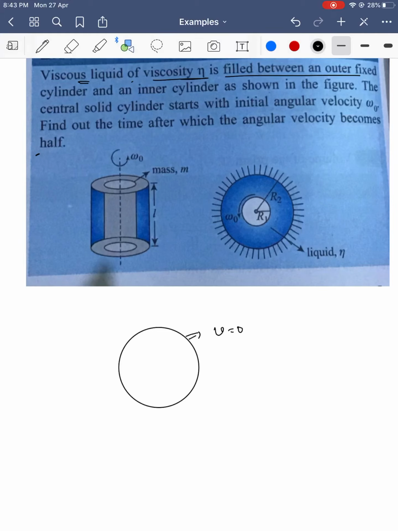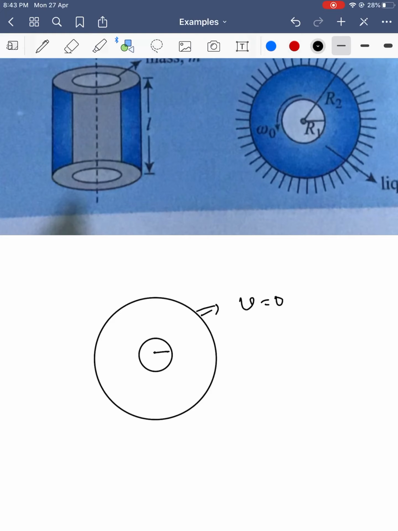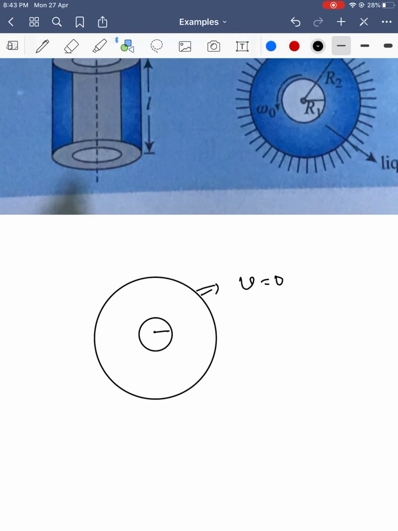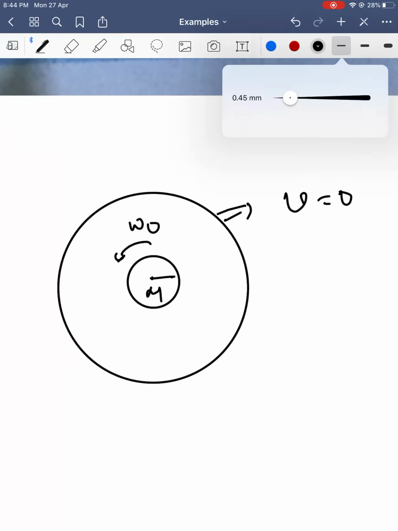There is one more layer inside, with small radius r1, and it is moving with angular velocity omega naught. The body is trying to go in this direction, but the viscous force will act in the backward direction.